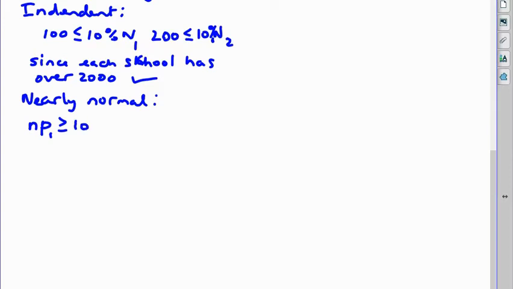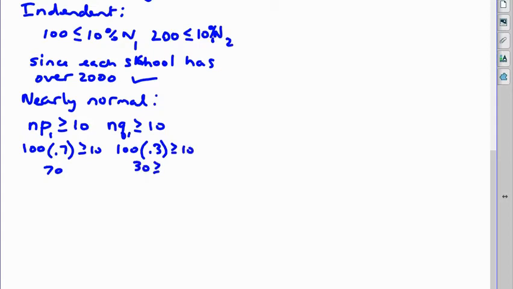So I'm going to check that, and n times q for school 1. So 100 kids, it's 70. Well, I probably should have just checked this other side. This is going to be the one that controls this situation. 30 kids, so that's good. So school 1's good.